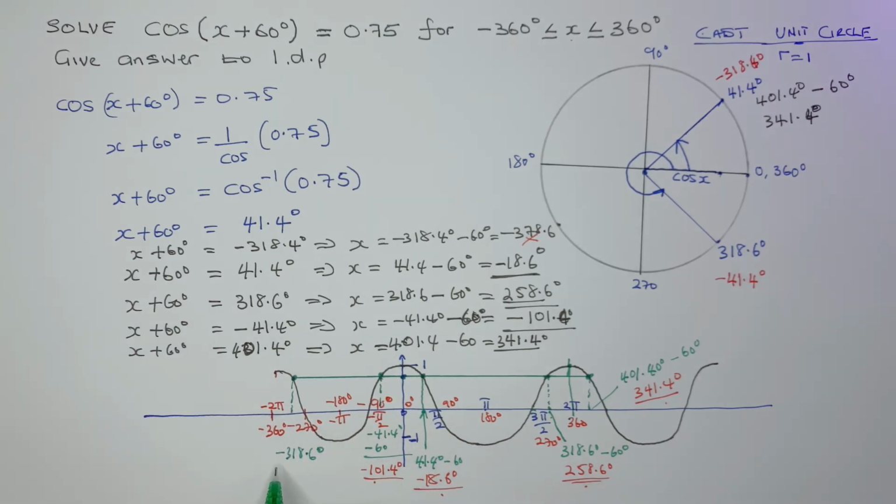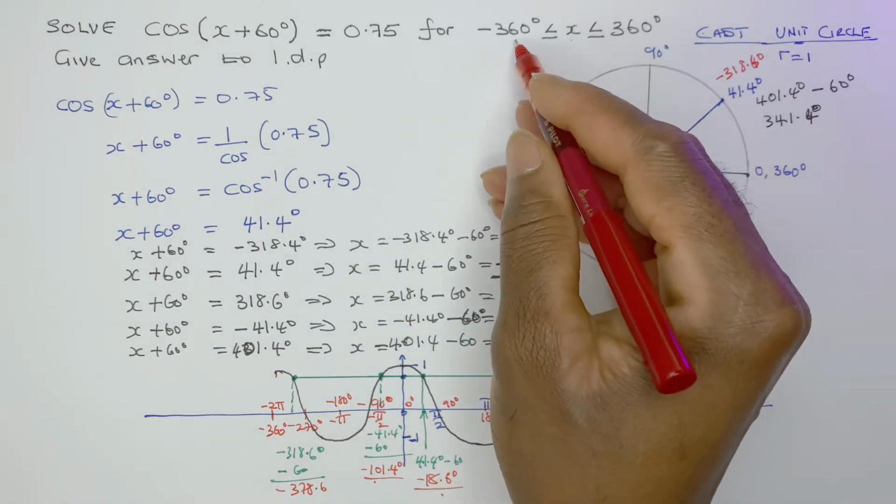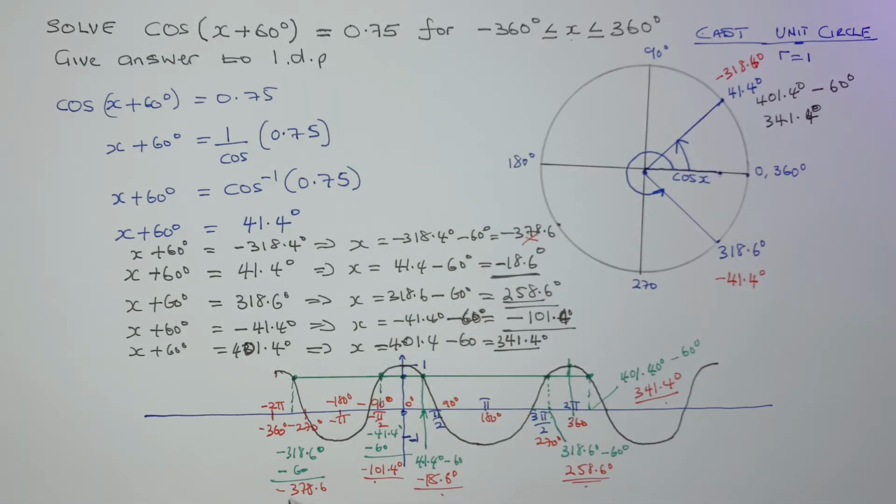If you take away minus 60, that would take you way above what we needed, minus 378.6 degrees. In that case, it's beyond minus 360, because we want minus 360 and we got minus 378, so that's not good.